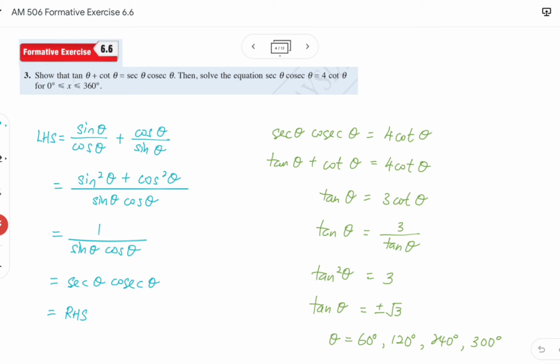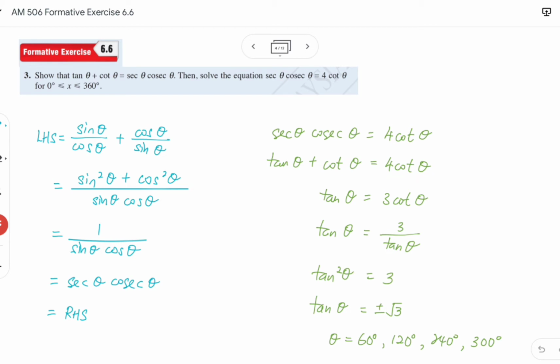Then we need to solve the equation secant theta cosecant theta equals 4 cotangent theta. Since we already proved that tangent theta plus cotangent theta is the same as secant theta times cosecant theta, we can change the secant theta cosecant theta into tangent theta plus cotangent theta. So we get tangent theta plus cotangent theta equals 4 cotangent theta.